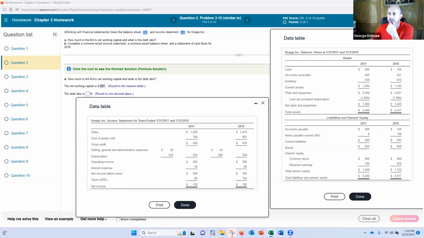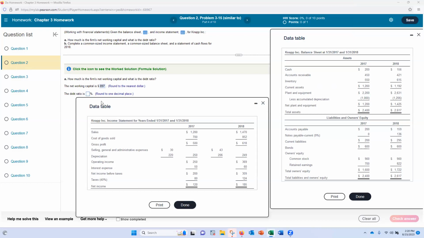It's going to come out as a percentage. Total liabilities over total assets.